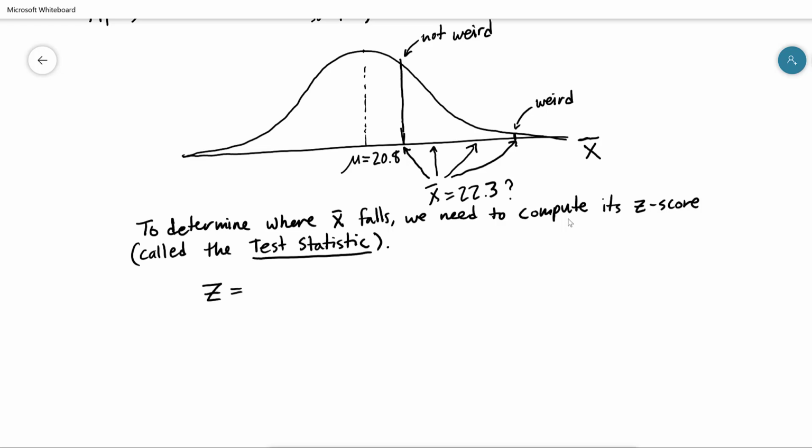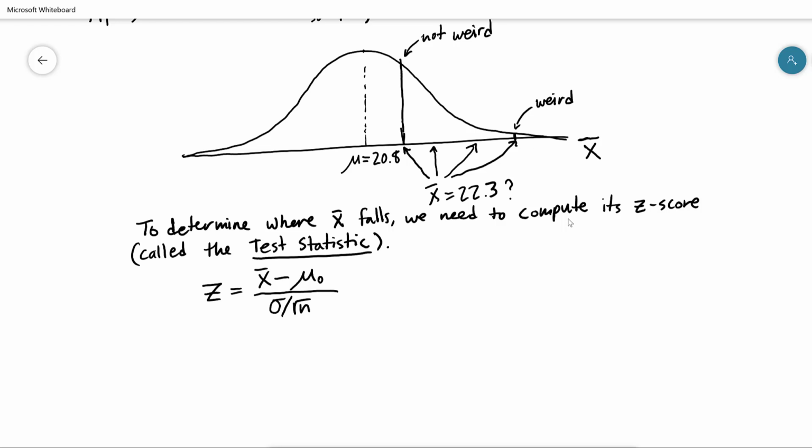We compute the z-score: we take the value that we just found, x bar, and subtract off the mean, which was 20.8, so this is going to be mu 0, and we divide by the standard deviation, which for this is the standard error, sigma over the square root of n. So here is our formula.